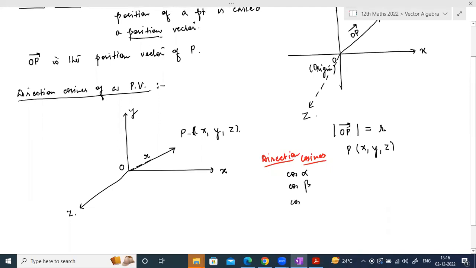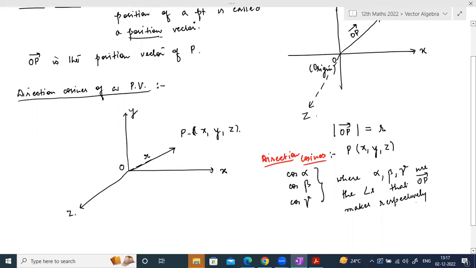So cos alpha, cos beta, cos gamma are the direction cosines, where alpha, beta, gamma are the angles that the OP vector makes respectively with the x, y, and z axis.